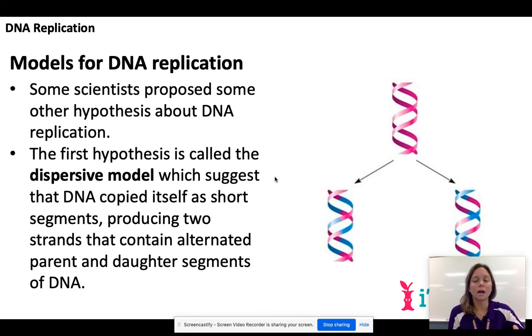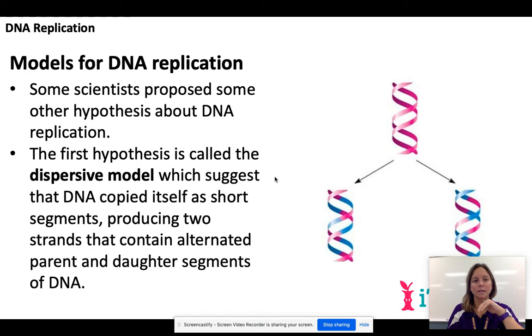Some scientists did have other models that they believed. The dispersive, which basically meant that we make this in chunks or in pieces, kind of like having a model house where the parts are all there, but they have to come and put the parts of the house together. We know this isn't true based on some research and studies that they've done.